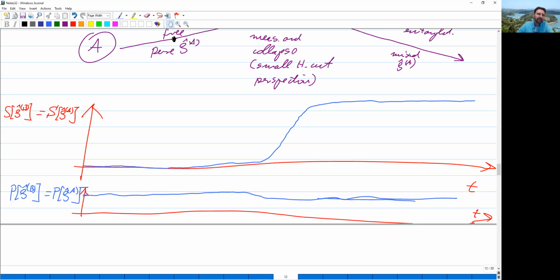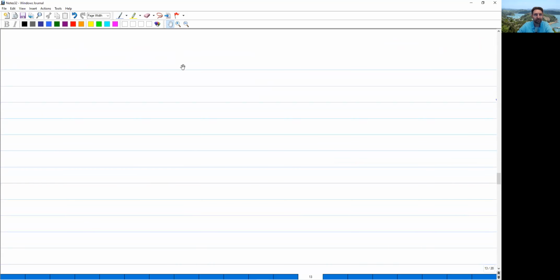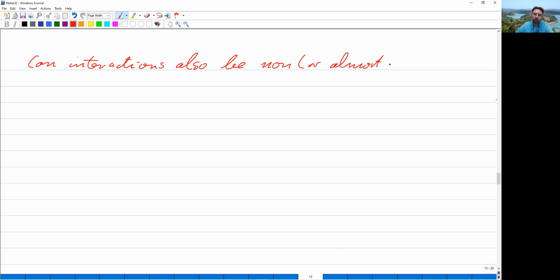Now, that's sort of correct, but there is a very important set of exceptions, or approximate exceptions. And that works like this. Let's ask, can interactions also be non- or almost non-entangling?